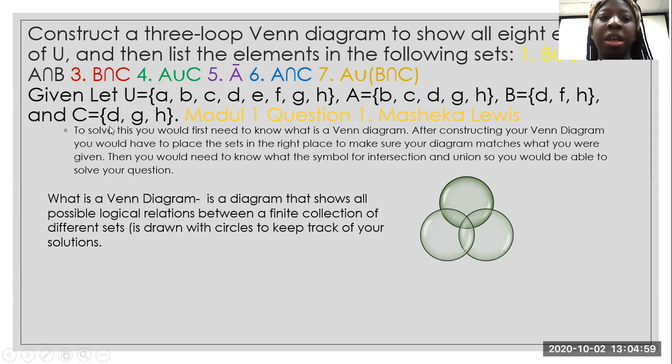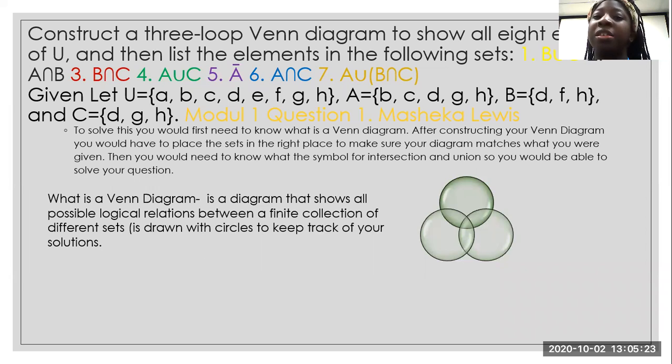So we have A, B, and C. If we look at A, we see B is by itself, so B will be by itself in A. But we also see that B, A, and C all have D, so it'll go in the middle because they all share it. And that's how you construct the three-loop Venn diagram.